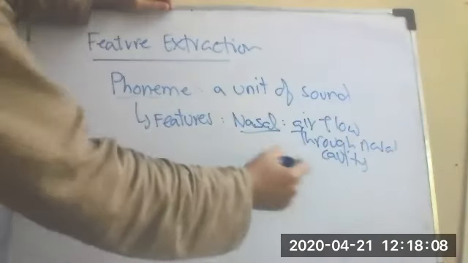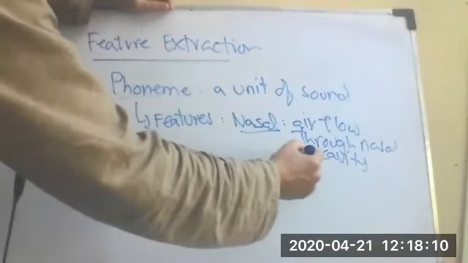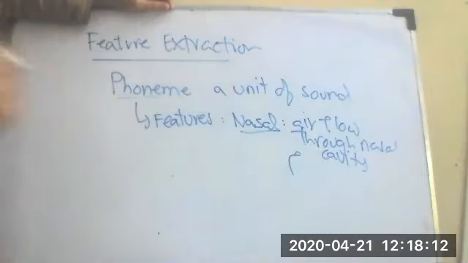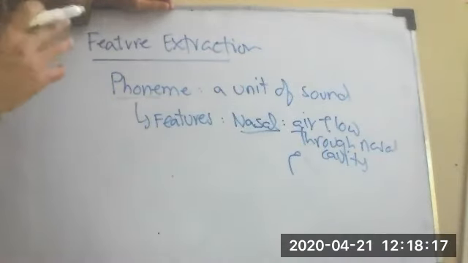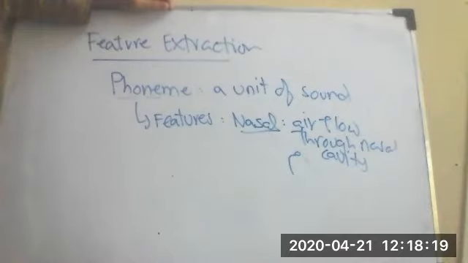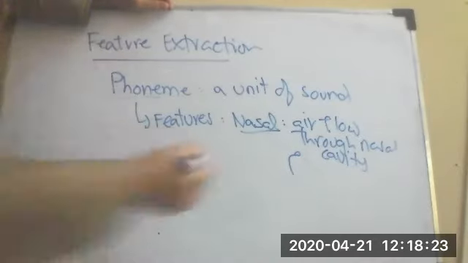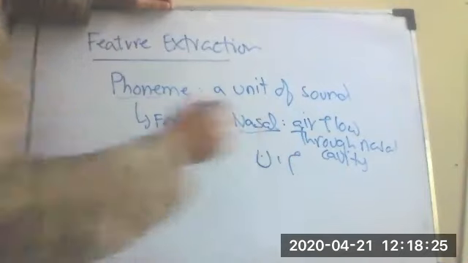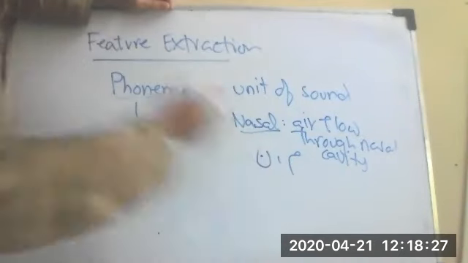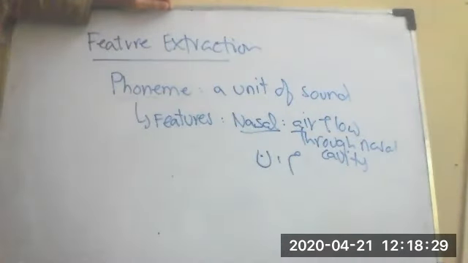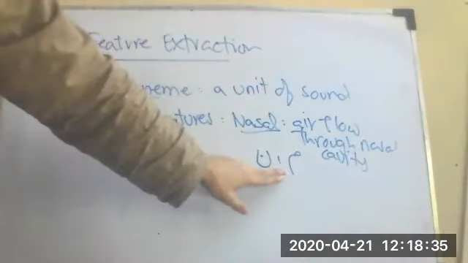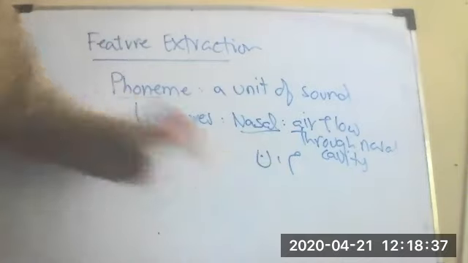So for example, the letter meem in Urdu, it uses the flow of air through the nasal cavity. Or noon, you can say both. So if you close your nose and try to say it, you'll see that it cannot be pronounced properly without the air flow from the nasal cavity.